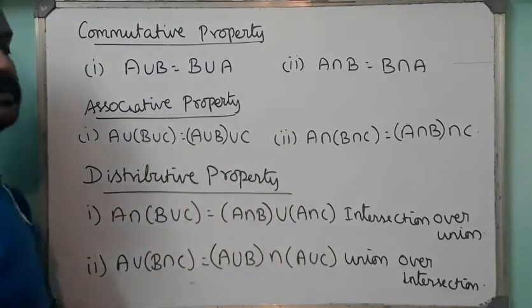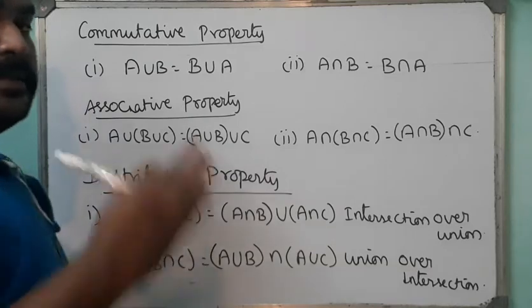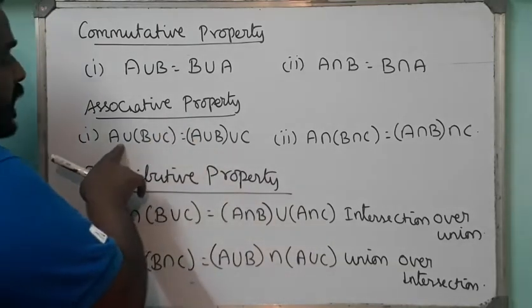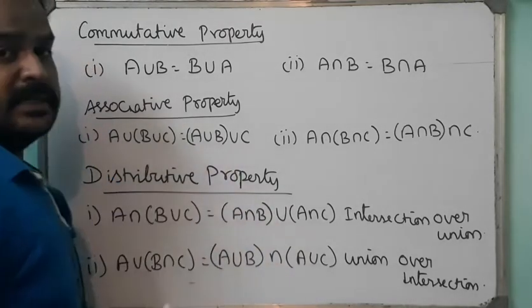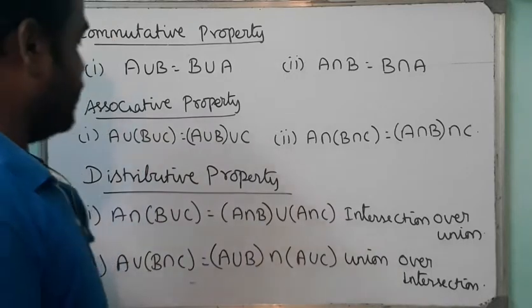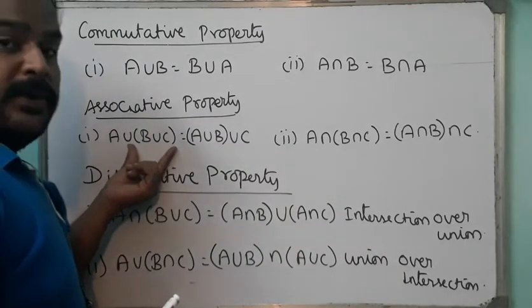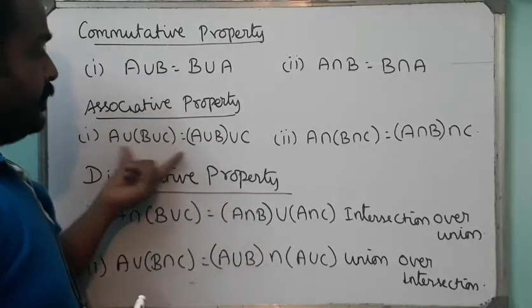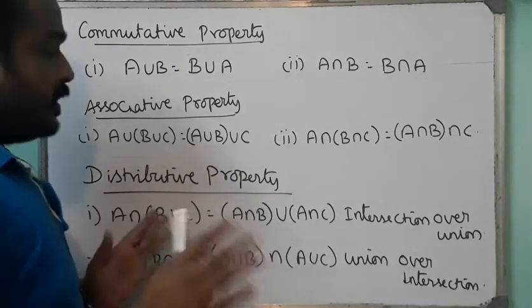The second property is associative property. What does associative property say? You take three sets now, A, B and C. So here you can see A union (B union C) equal to (A union B) union C. சொல்லும் போதே நீங்க அதை differentiate பண்ணி காமிக்கலாம். இங்க first B யும் C யும் union பண்ணிட்டு அதுக்கு அப்புறம் A கூட union பண்றோம். இந்த இடத்துல A வும் B யும் union பண்ணிட்டு அப்புறமா C கூட union பண்றோம். So ரெண்டுத்துக்கு difference இருக்கு.